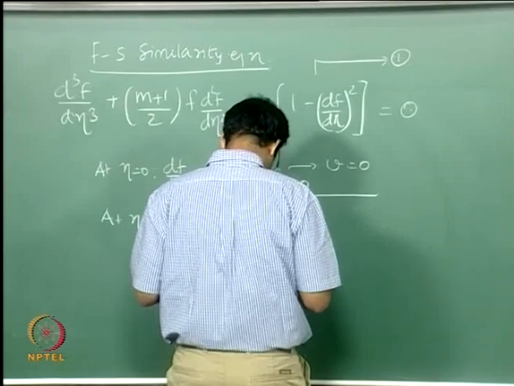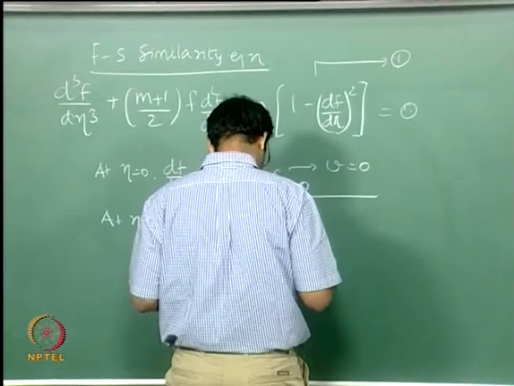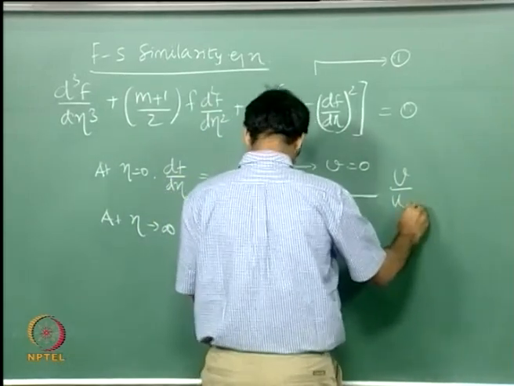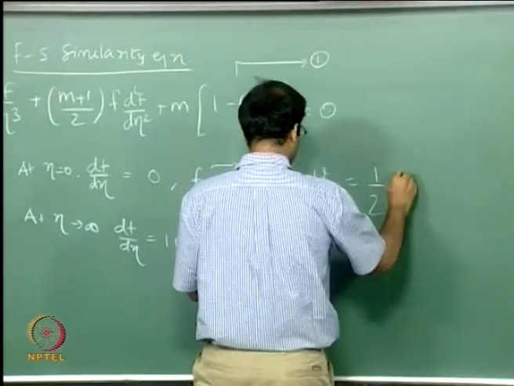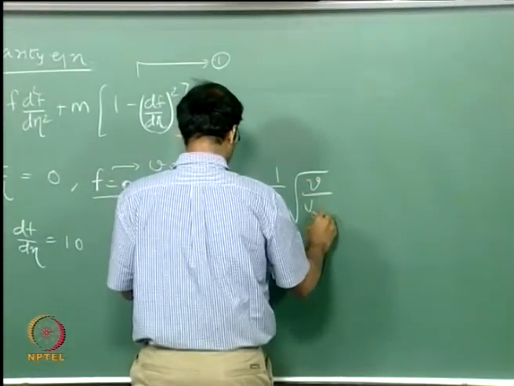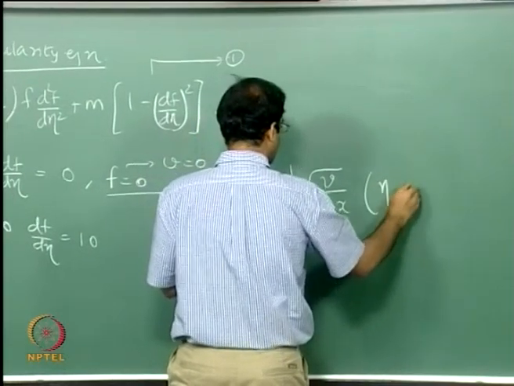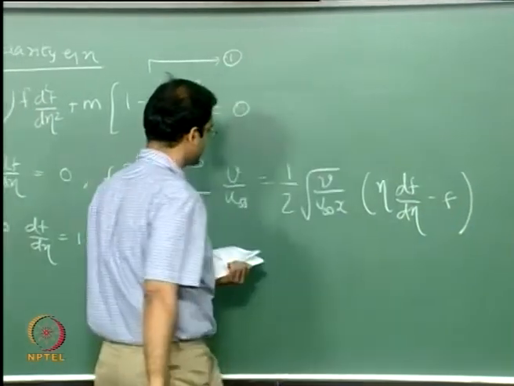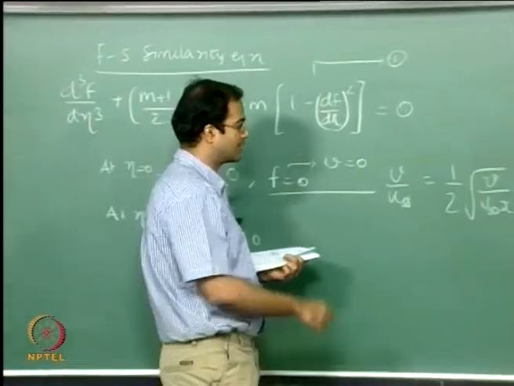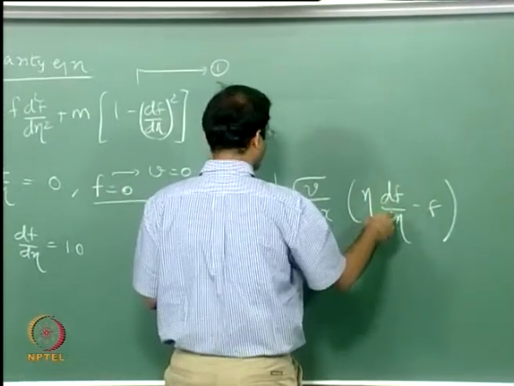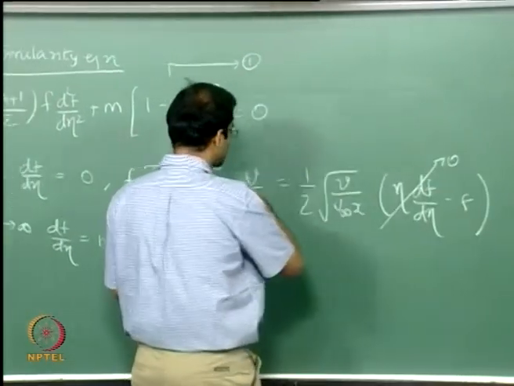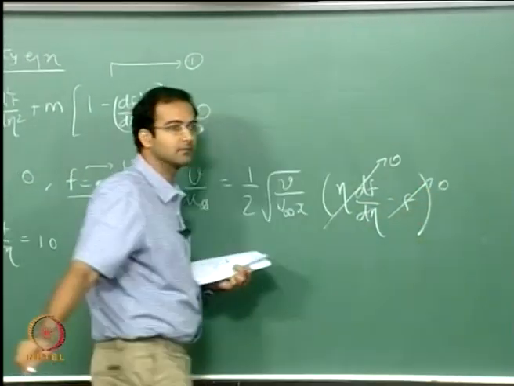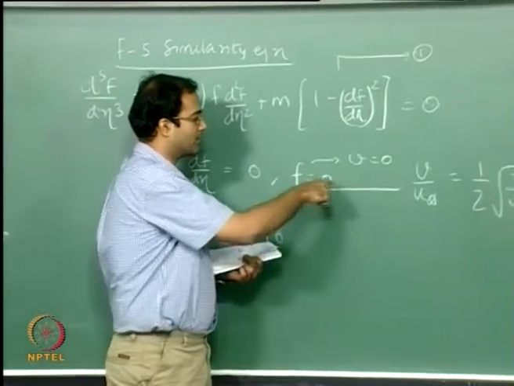That is basically v by u infinity is equal to half square root of nu by u infinity x into eta df by d eta minus f. This was the expression for v. At the wall we have already mentioned that df by d eta equal to 0. So in order to satisfy the no-slip condition v equal to 0, f also has to be 0. This corresponds to the fact that v equal to 0.